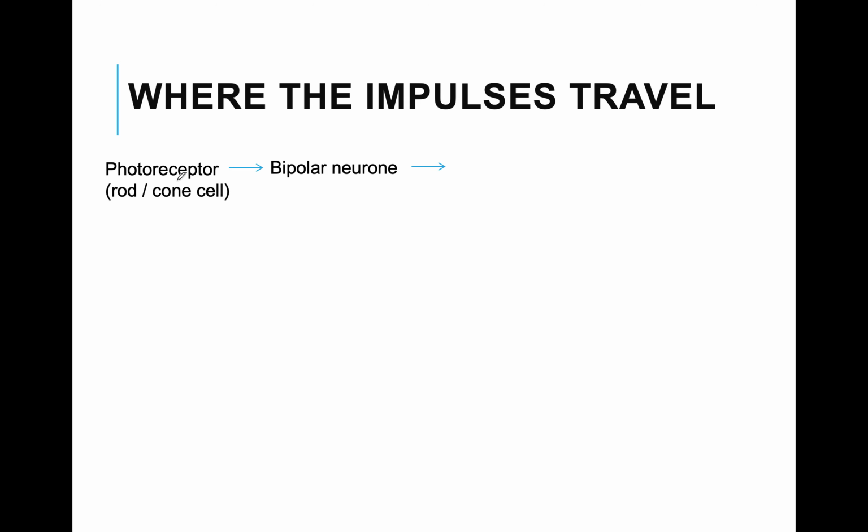So there's a synapse between the photoreceptor cell and the bipolar neuron, a second synapse between the bipolar neuron and a ganglion cell. From the ganglion cell, there is another synapse to the sensory neuron, and then from the sensory neuron along the optic nerve to the visual sensory area.